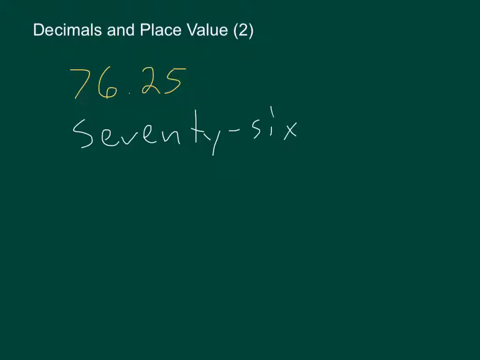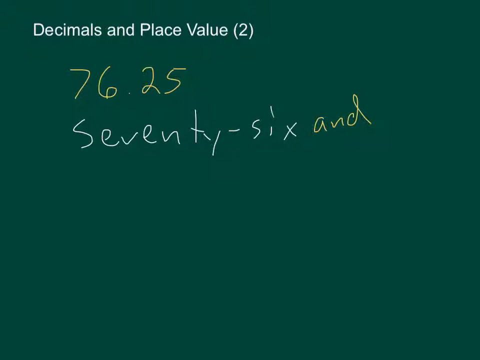Let's do one more. Let's write 76.25 in words. So the first number we're going to write is 76. Then we get to the decimal and we write "and". I'm going to go to the next line to write the decimal.